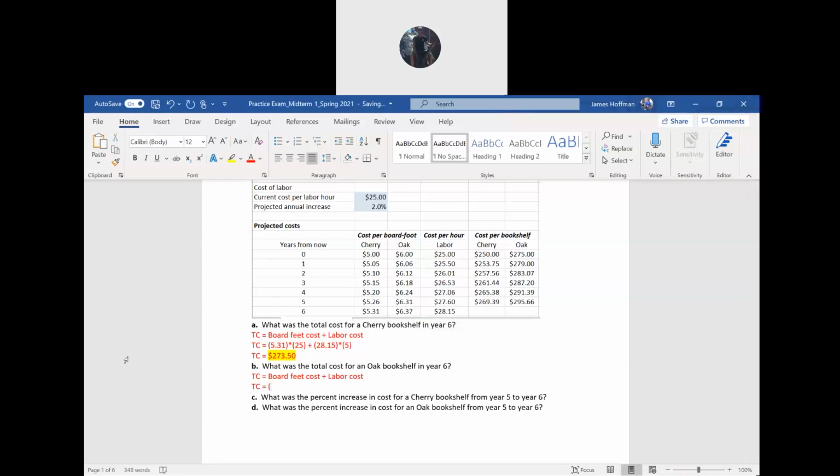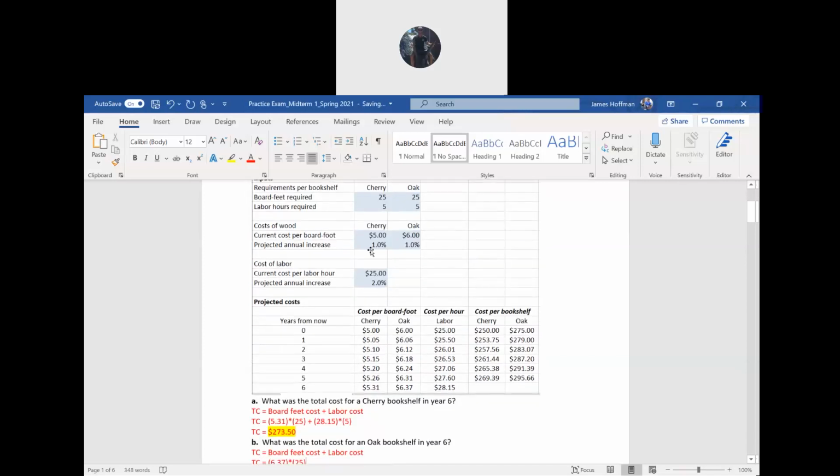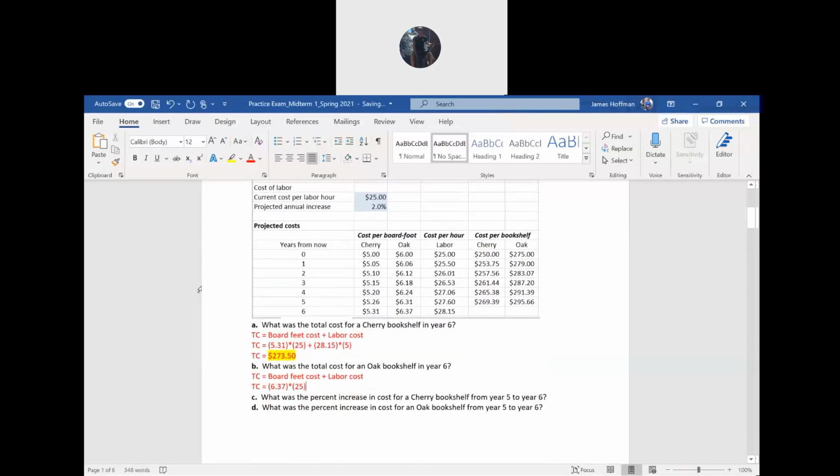Okay, the cost per board foot for oak in year 6, you can see that right there, is $6.37. You need 25 of those, and then 5 labor hours.